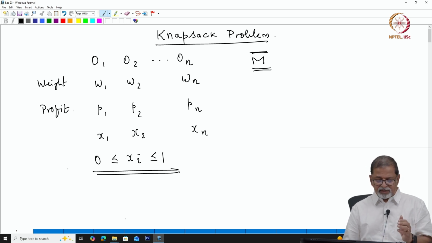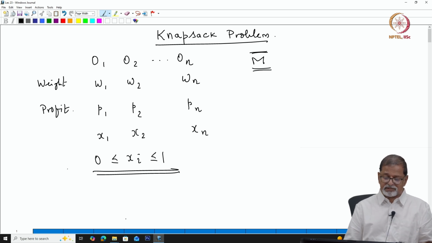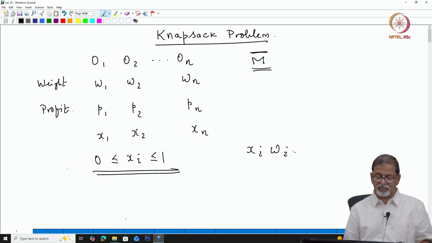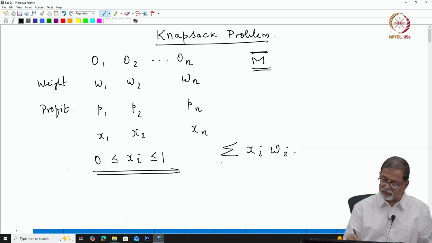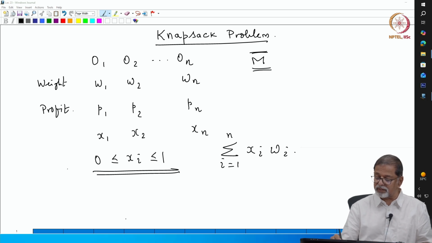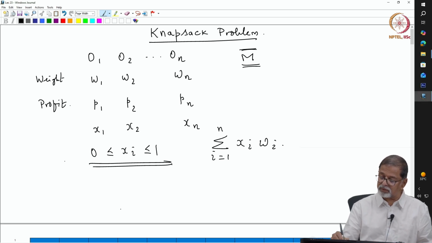And when you take object i with a fraction xi, it is going to weigh xi wi. So, for the choices that you have made, the total weight will be sigma xi wi, i going from 1 to n, and this should be less than or equal to m.